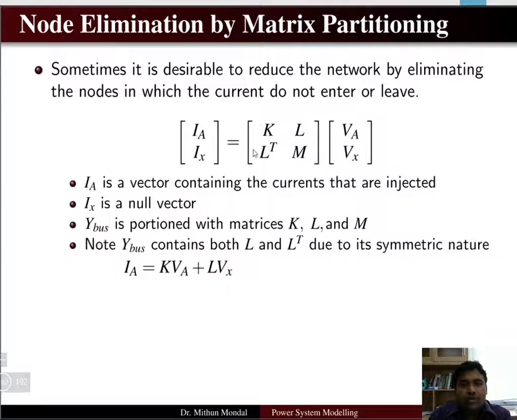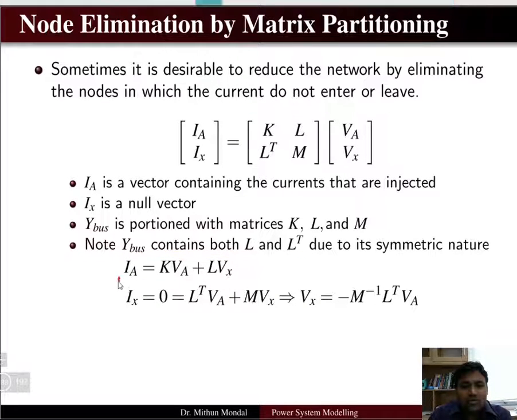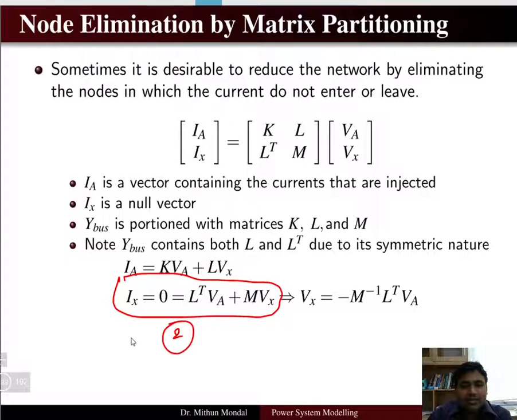Now if we do the matrix expansion, then we get Ia is equal to K times Va plus L times Vx. This will be equation number 1, and equation number 2 is this. In equation number 2, Ix is 0 because there is no current in this particular bus. So we can easily obtain the value of Vx from this.